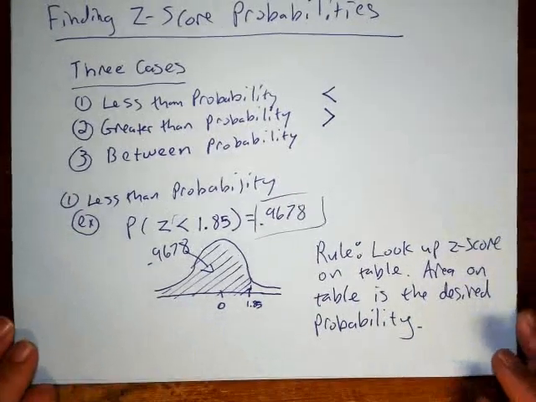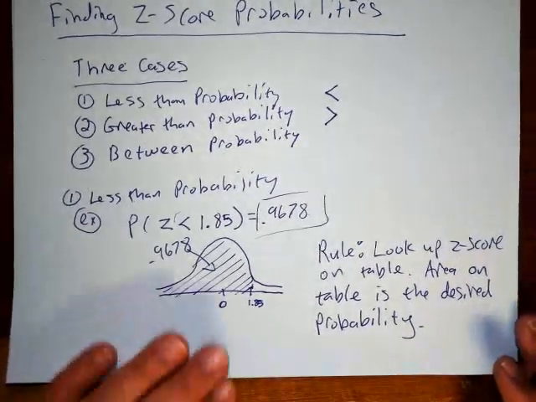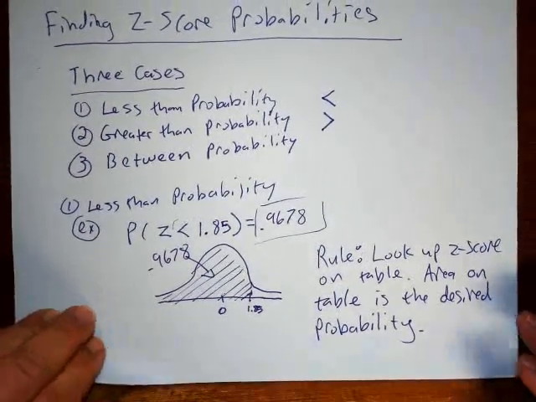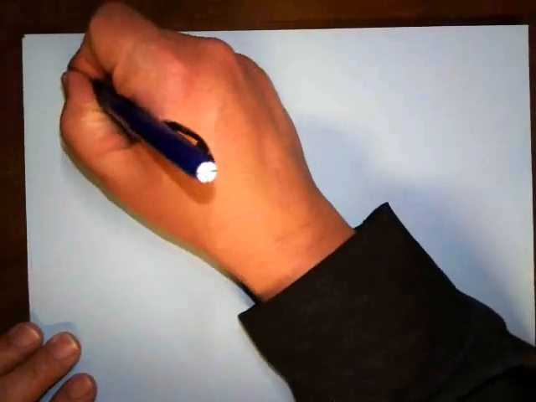And that's the easiest case. You just look it up, and the area on the table is your desired probability. So that's case 1. Case 2 would be the greater than probability.